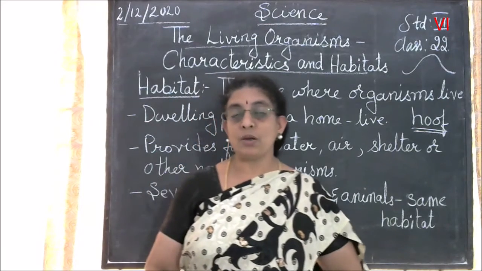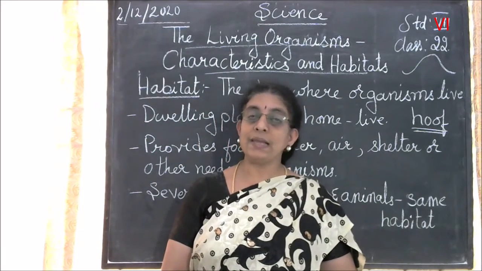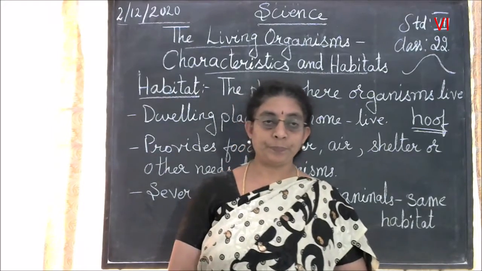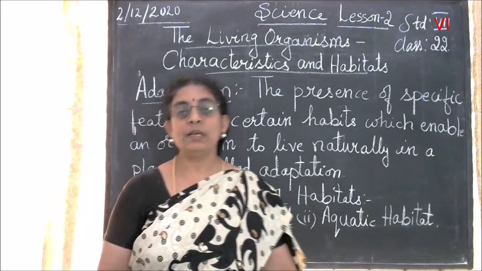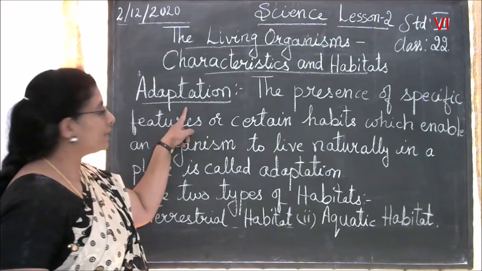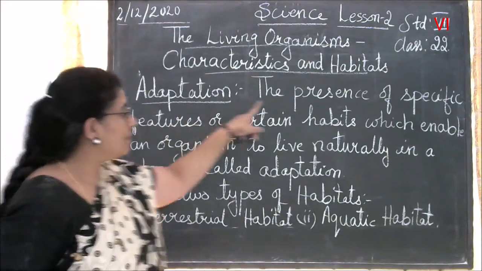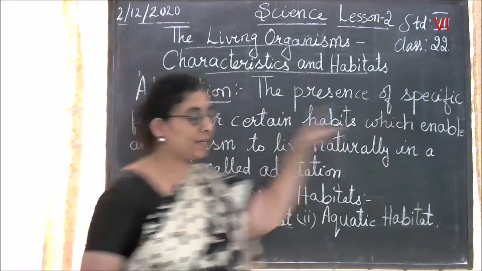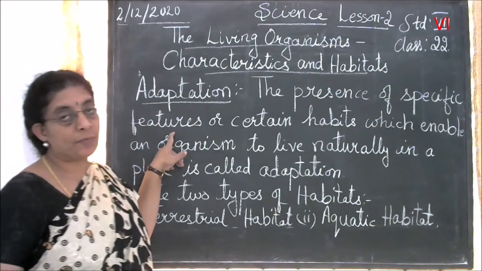Okay, so now we go on to the next, that is the adaptations. Now we will see what is the meaning of adaptation. Okay, so what is the meaning of adaptation? The presence of specific features. Specific means what?